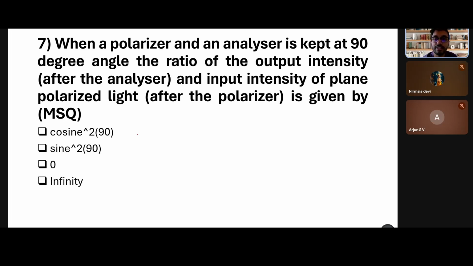Two answers are correct here, and since they have given only one angle, 90 degrees, and a polarizer, it's pretty easy to calculate the answer. It should be cosine square of 90, which fundamentally implies that the ratio will be 0. So both cosine square of 90 and 0 are appropriate answers. You can give both of them.